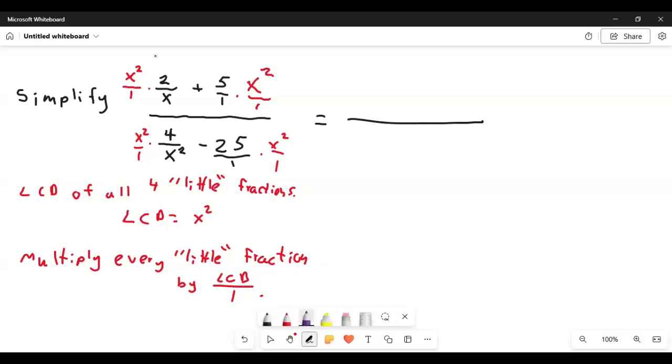Now let's cancel. For the first fraction multiplication, notice that you have x to the second on top and x on the bottom. The x on the bottom is going to cancel out with one of the x's on top. And then you're left with 2x plus, dividing by 1 doesn't change anything, so this is still 5x squared.